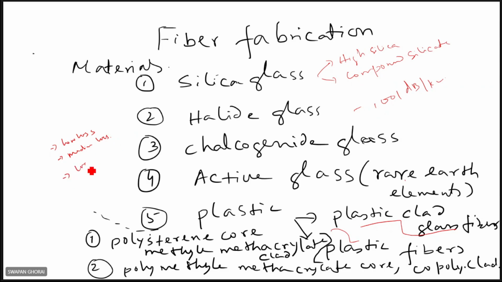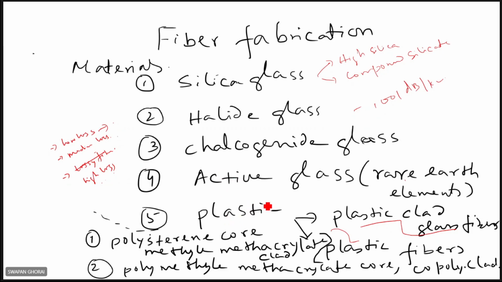And another is lossy fibers, or plastic fibers, which are high loss fibers, used for laboratory experiments or some medical instruments. In low loss fibers, both core and clad are made of glass. In medium loss fibers, the core is made of glass and the clad can be plastic. In high loss fibers, both core and clad are made of plastic.